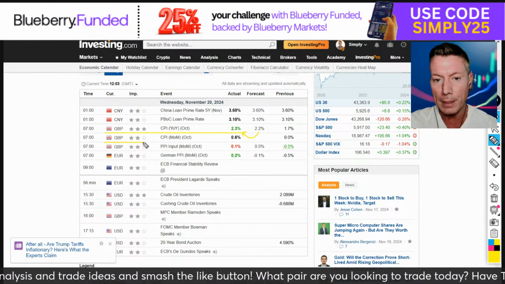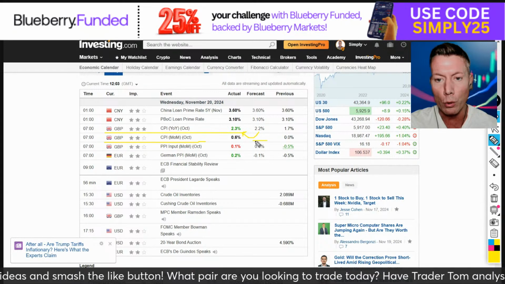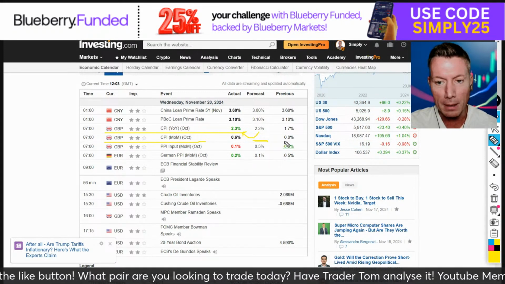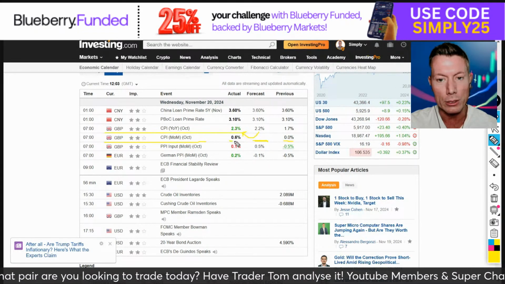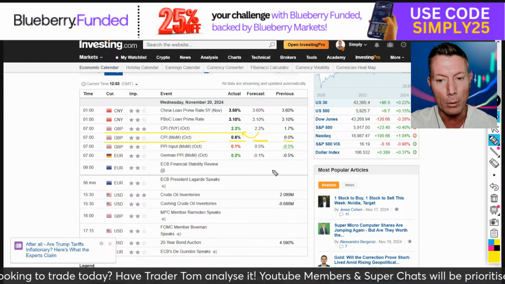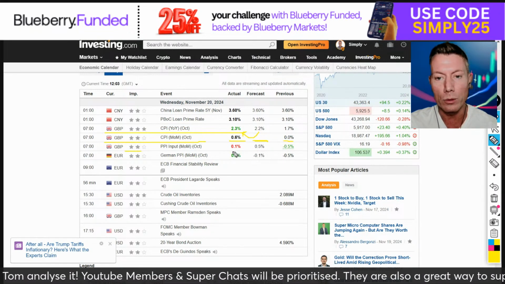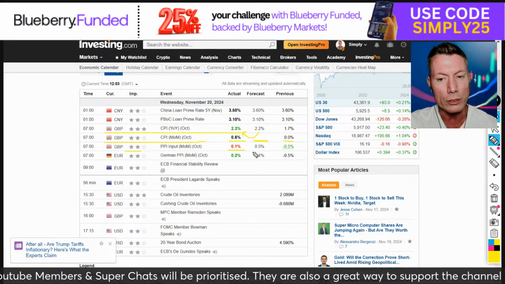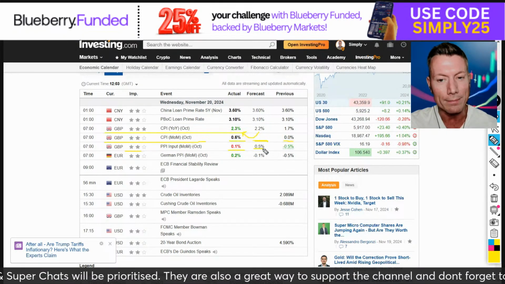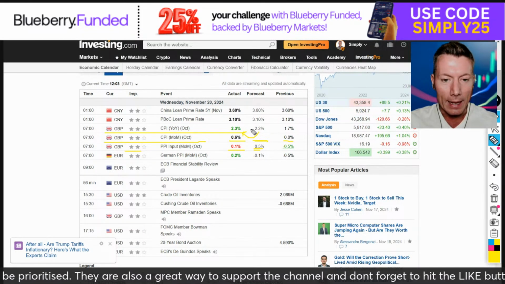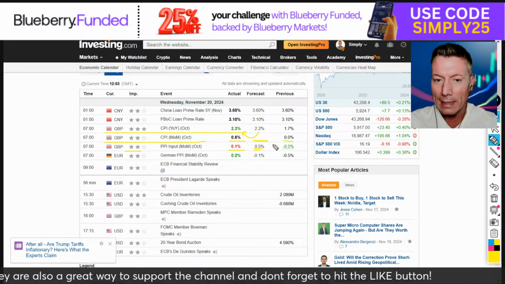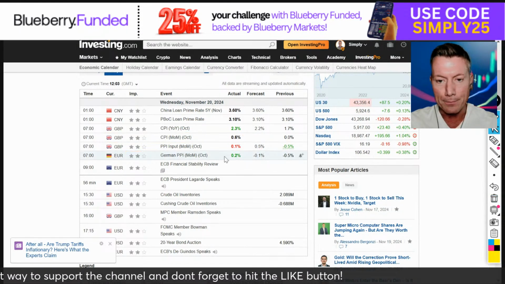We had the CPI month on month. There was no forecast, but the previous month was 0%, and now it's 0.6. So that's quite bullish. But then we had the PPI, and that was a lot worse than expected at 0.1. So a bit of a mixed bag, slightly better for the pound, I would say.